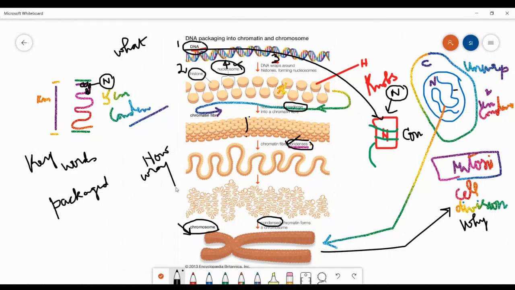So wrapping and condensation, and the why is for the purpose of cell division. Hope this introduction to chromosome was useful. This is very basic, and you need to grasp these things very, very rightly. Thank you.